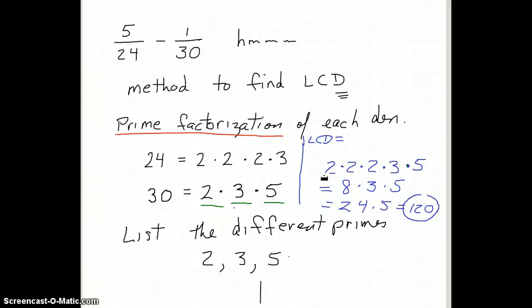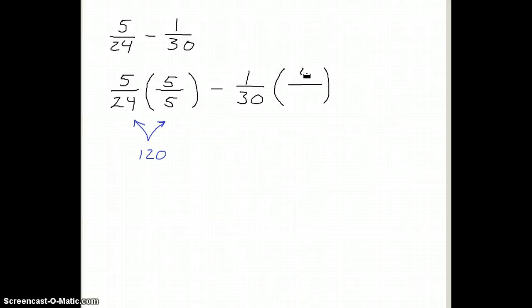In my lowest common denominator, I have a 2, a 3, and a 5. What's missing from 30 is the 2 times 2, or 4. So I can go back and say, well, then that must be 4 over 4. 4 times 30, yeah, that's 120. So now this also is 120.